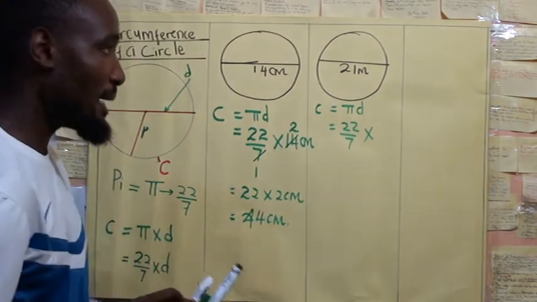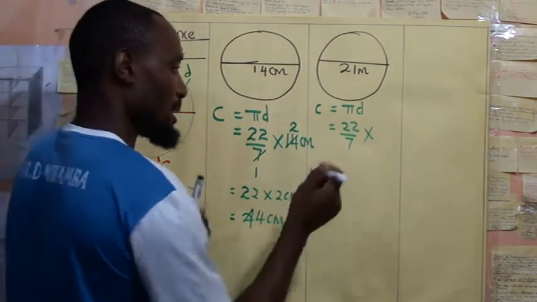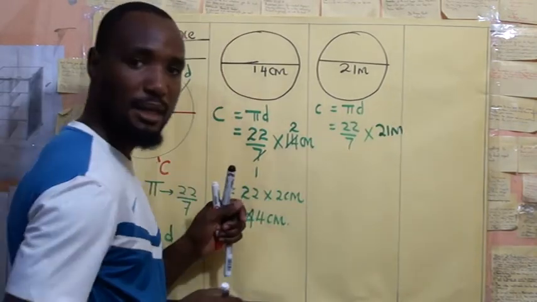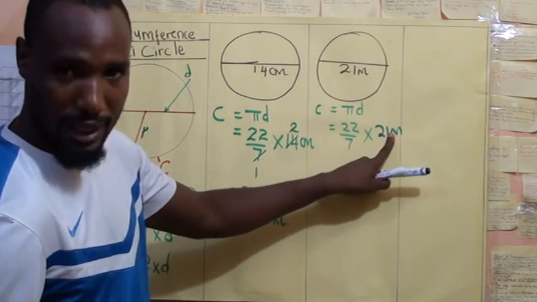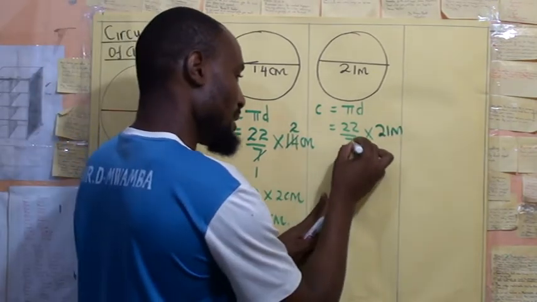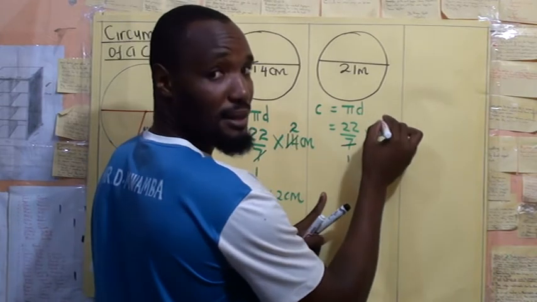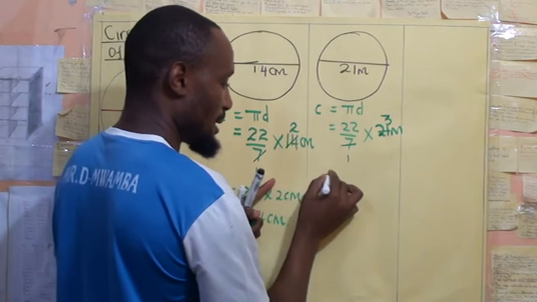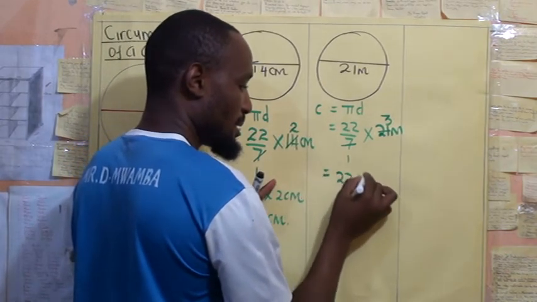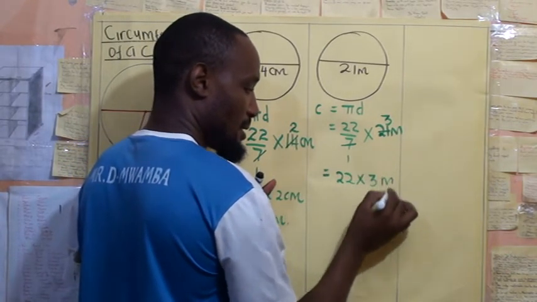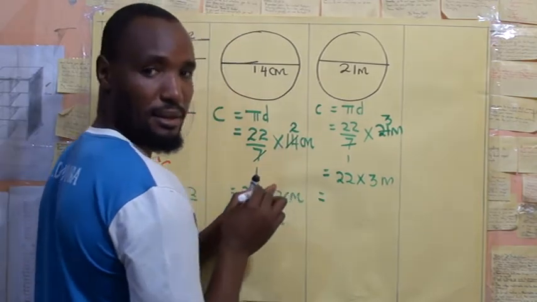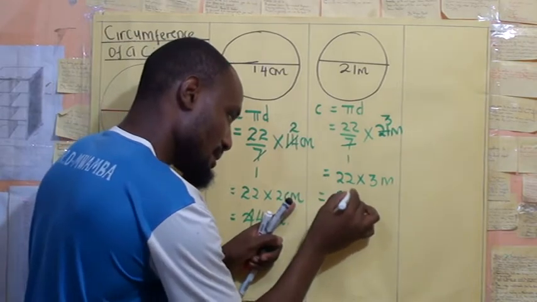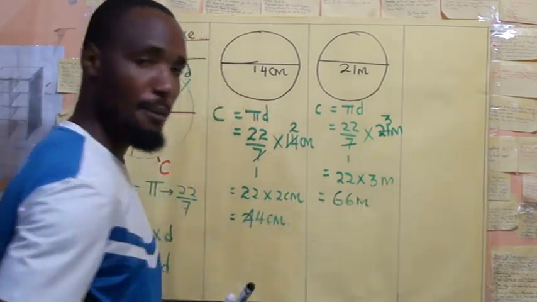What is d? Our d is 21 meters. So this 7 and 21 can be simplified. 7 here 1, 7 here 3. So you say 22 times 3 meters, which is 66 meters. Are we together?